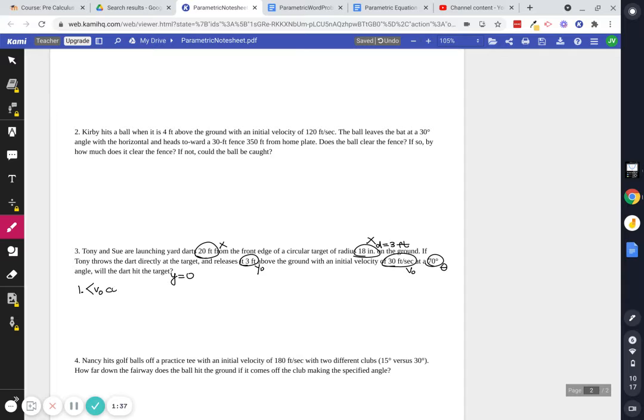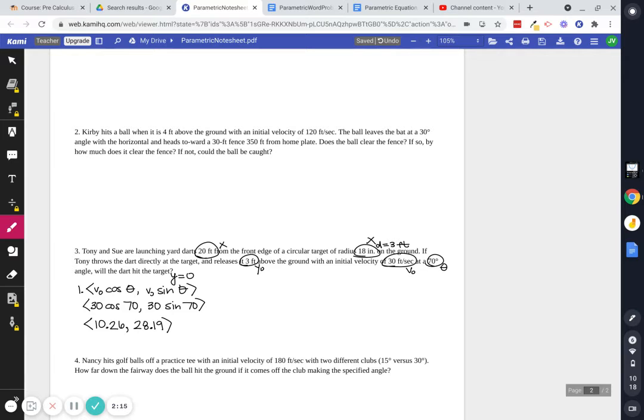So we've got v naught cosine theta, v naught sine theta, and our initial velocity is 30 feet per second: 30 cosine 70, 30 sine 70. Our initial vector looks like this: 10.26 for the x velocity and 28.19 for the y velocity.